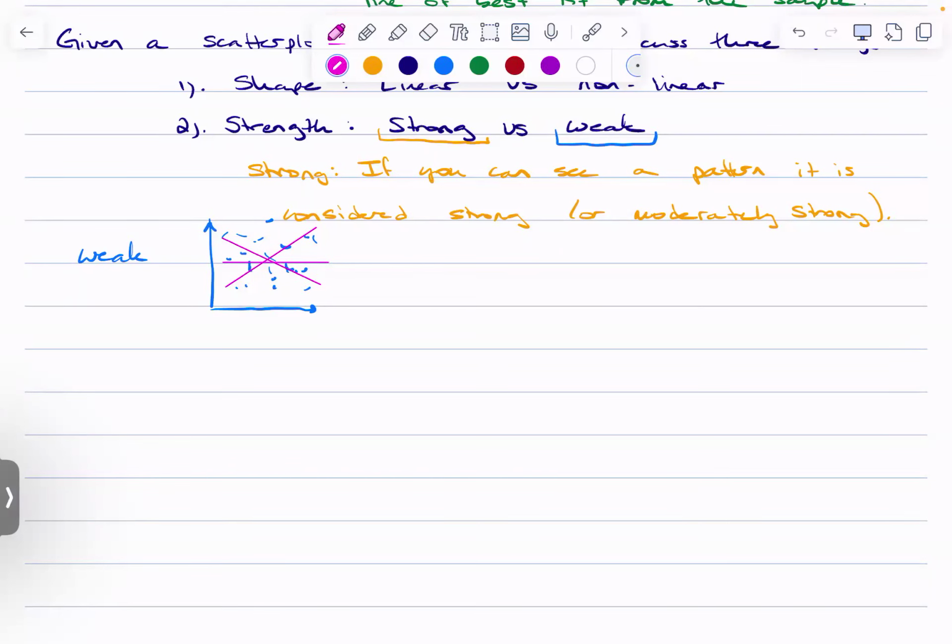So I'm not able to properly model this relationship, and that's why we don't usually analyze weak relationships.